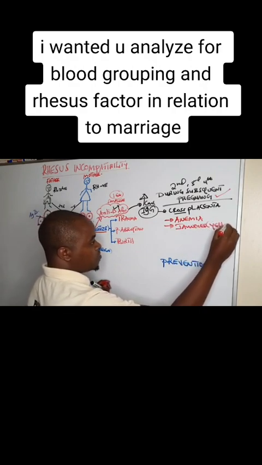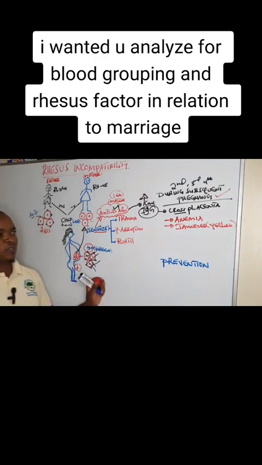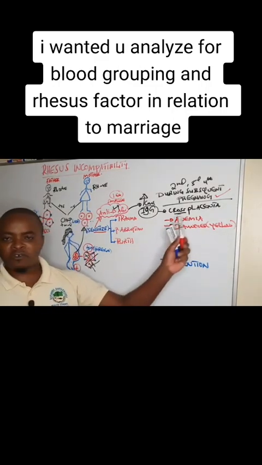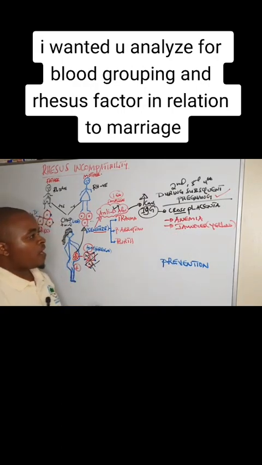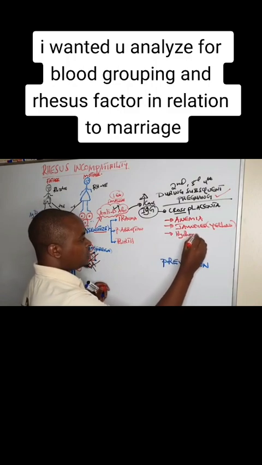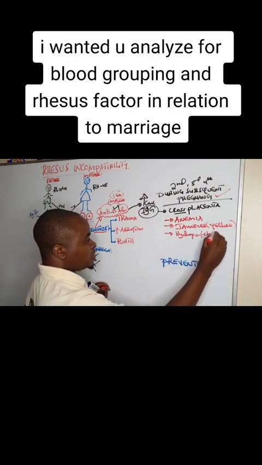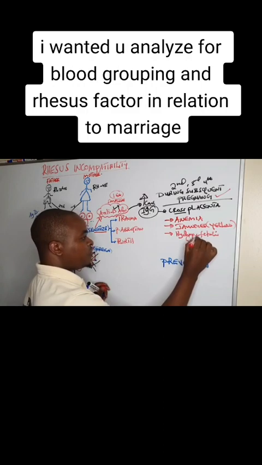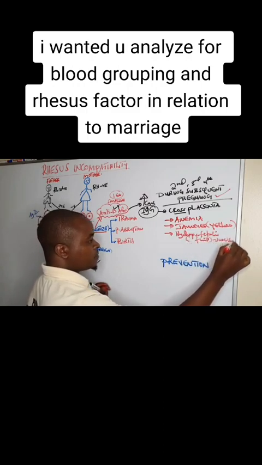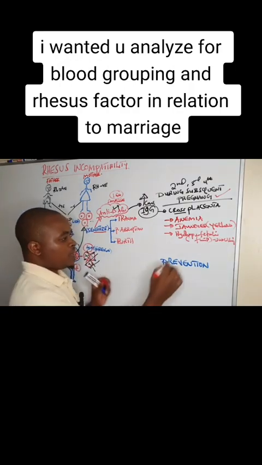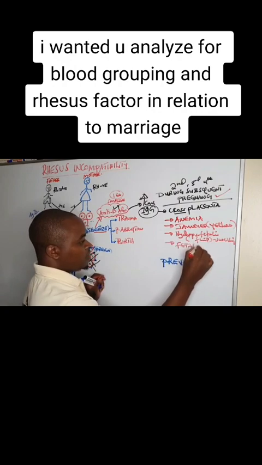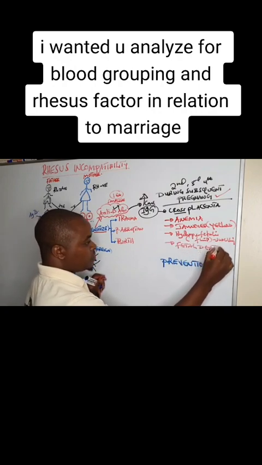Jaundice is yellowing, whereby someone's eyes are yellow. This is due to increased bilirubin levels, which result from destruction of red cells. If it is severe, it can result in hydrops fetalis, whereby there is fluid accumulation in the fetus, leading to swelling. The baby will swell, and if it is severe, it can result in fetal death.